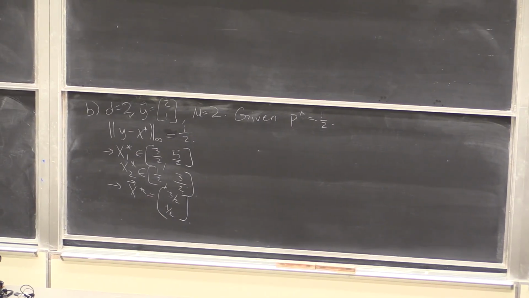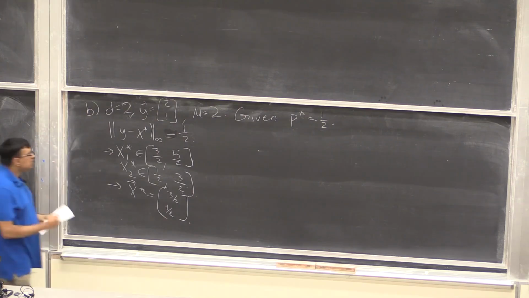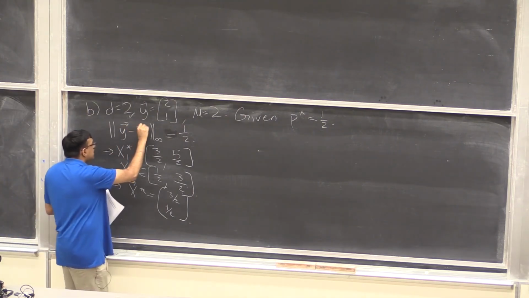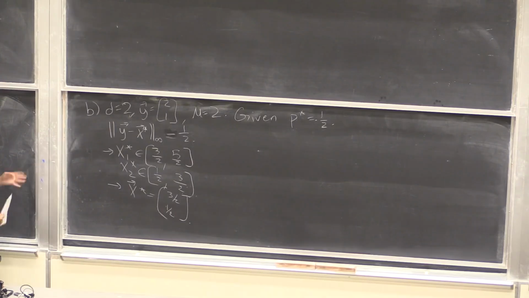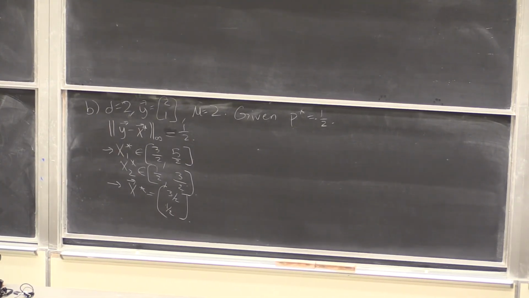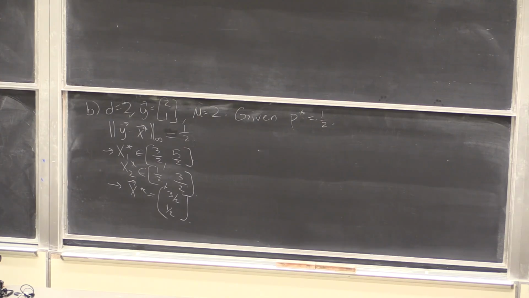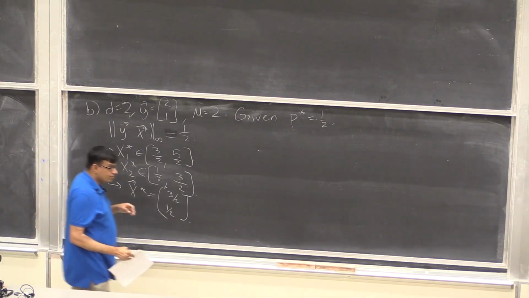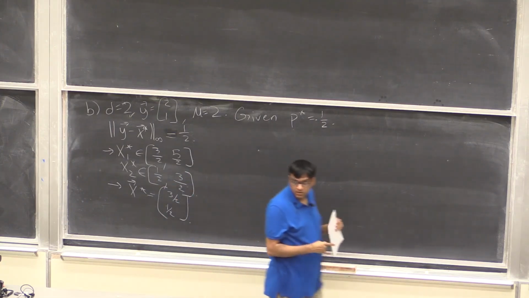And this is the objective evaluated at a particular x star. Sorry, I should put vector signs everywhere. And so that's how you can conclude it's an equality. Otherwise, it has to be even greater than or equal to. Okay. Questions?